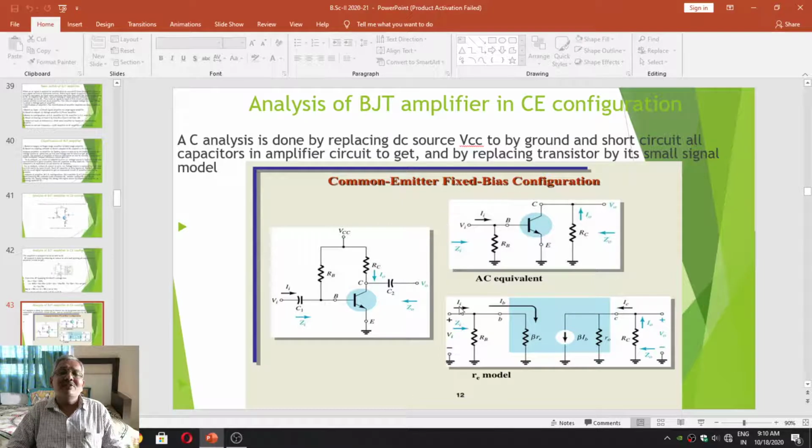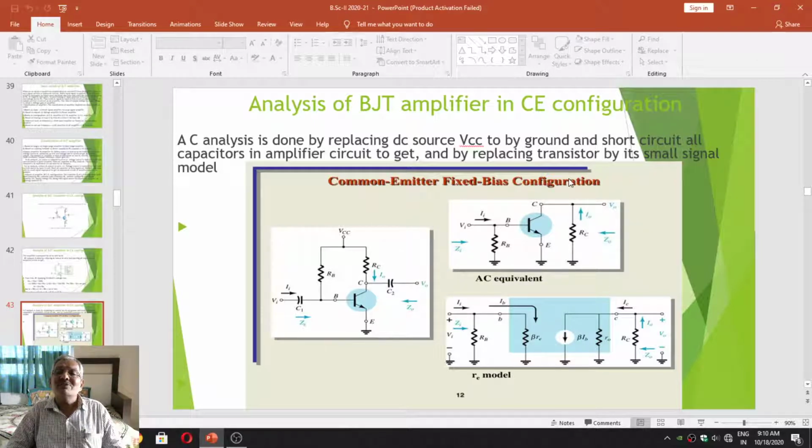So this is the original circuitry which we have along with us, that is BJT as an amplifier in common emitter configuration. Now here we are reducing VCC to 0 and connecting it to ground. We are removing these two capacitors and getting them short circuited. By doing that, we have obtained the equivalent circuit like this.